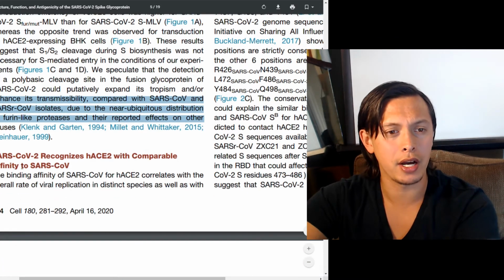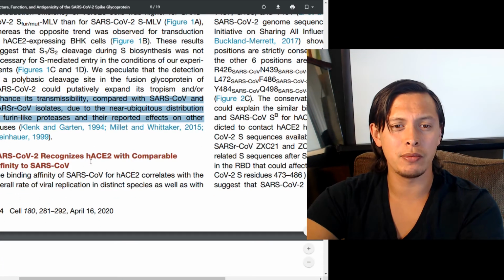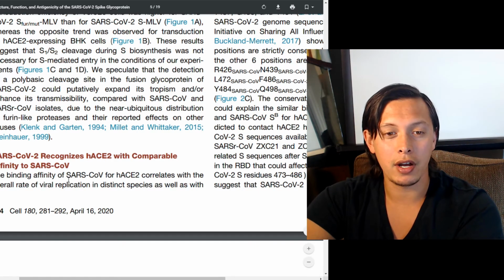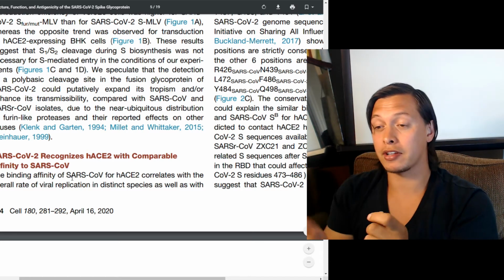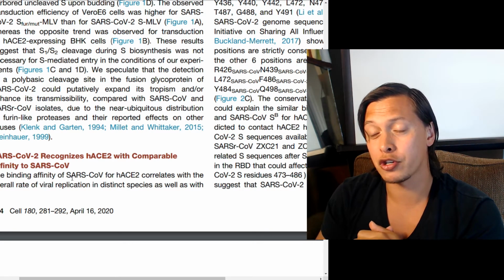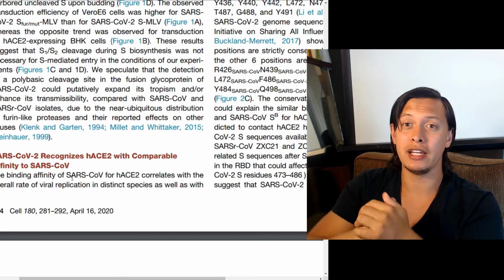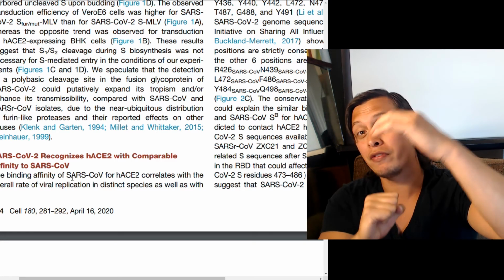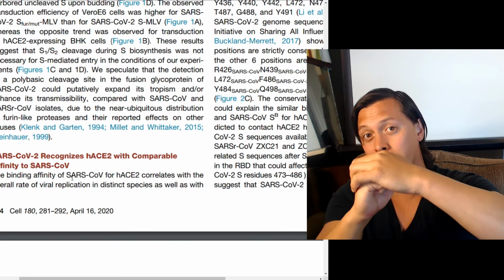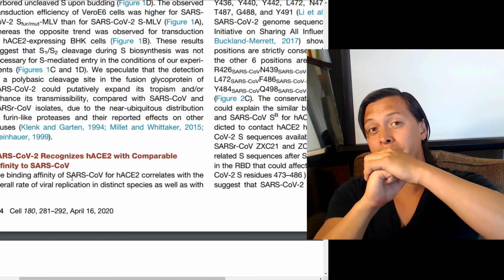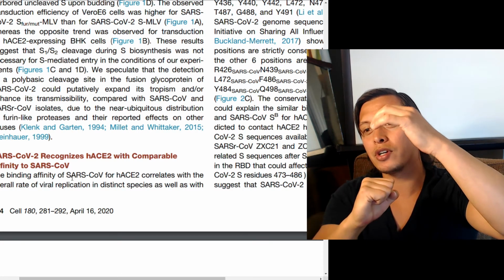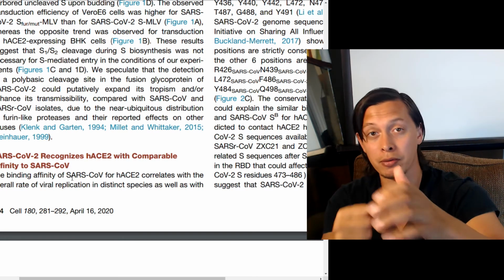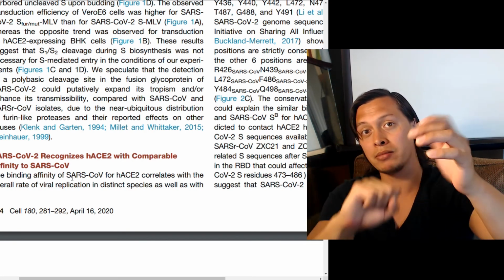So continuing on, SARS coronavirus 2 recognizes human ACE2 with comparable affinity to the SARS coronavirus. So the binding affinity is basically, you want to quantify how strong the bond is between two molecules that are not covalently bonded, they're not forced to stick together, but the binding affinity means how much affinity is between them. So all the molecules in the universe are jiggling around with thermal energy. As they're jiggling around, sometimes they'll stick together.